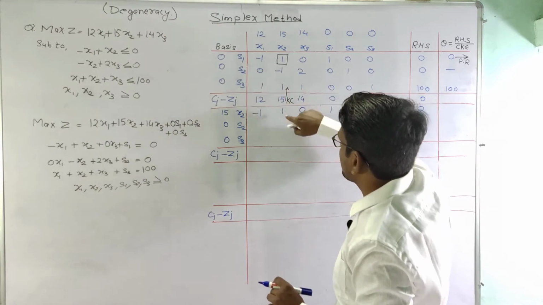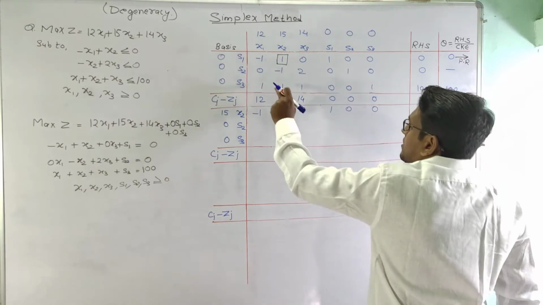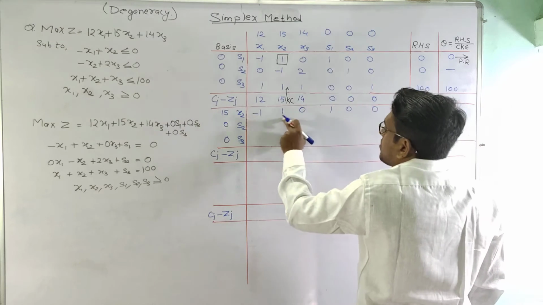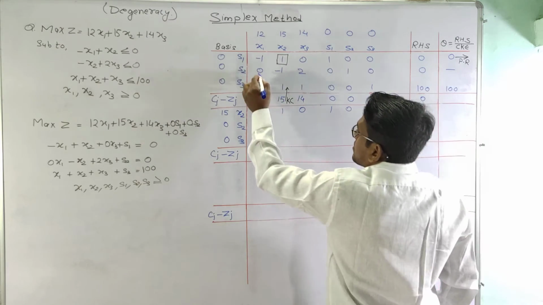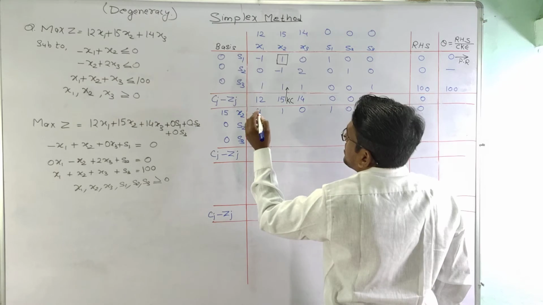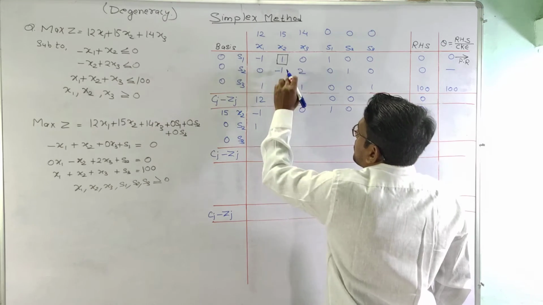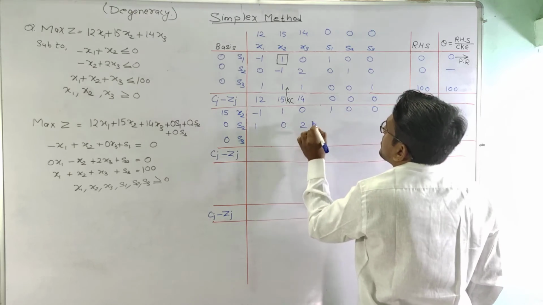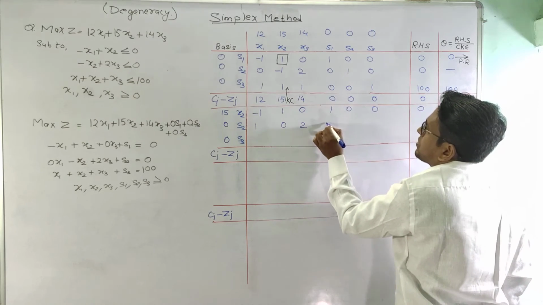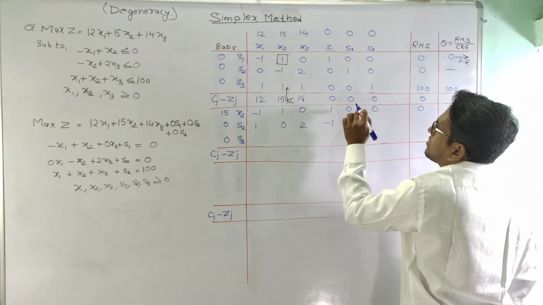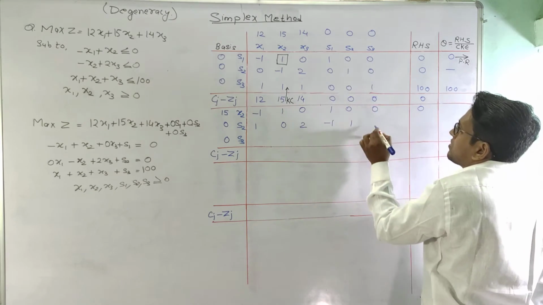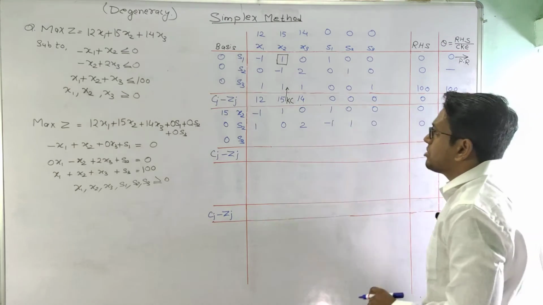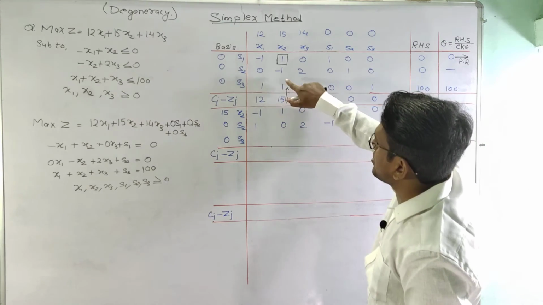So this will be 1 minus 1 which is 0, minus of minus 1 is plus 1, 1 minus 1 is 0, 2 minus 0 is 2, 0 minus 1 is minus 1, 1 minus 0 is 1, 0 minus 0 is 0, 0 minus 0 is 0.